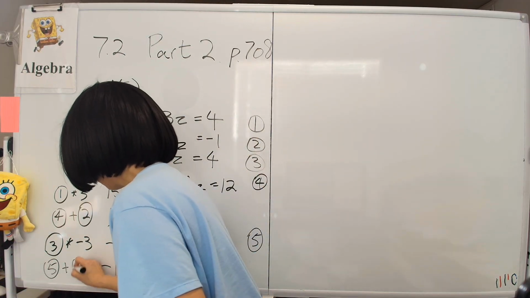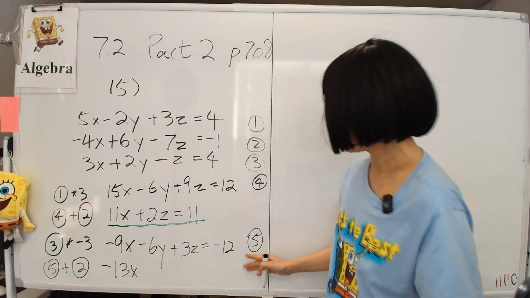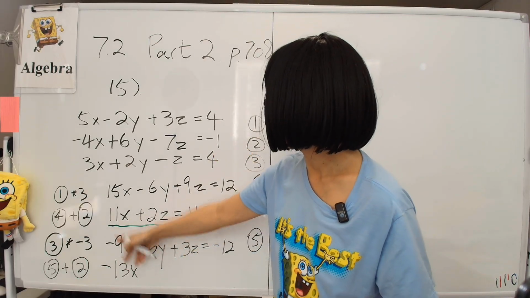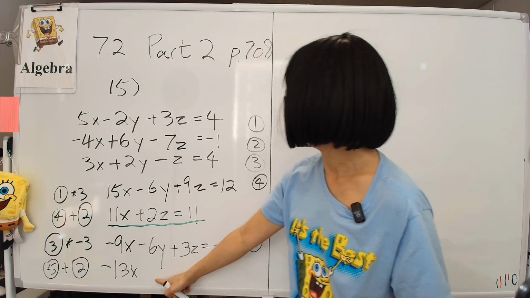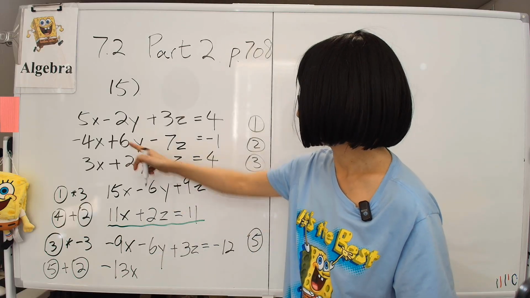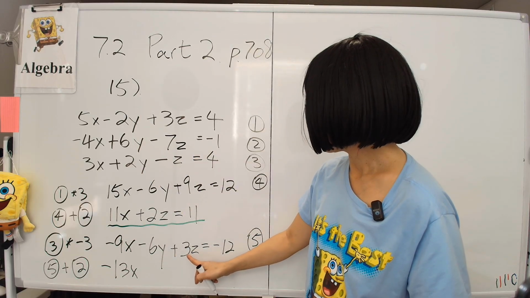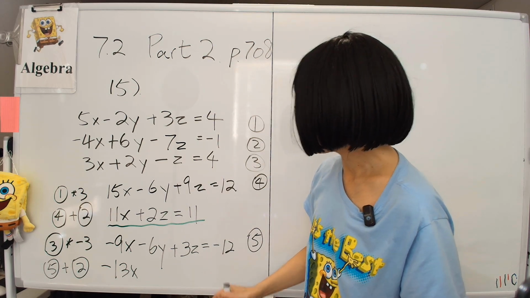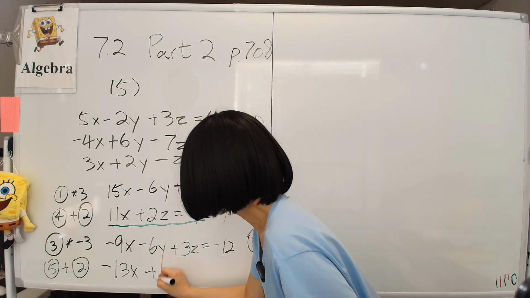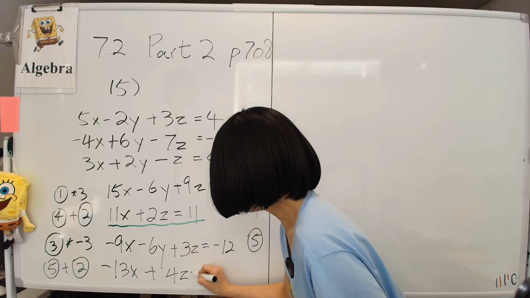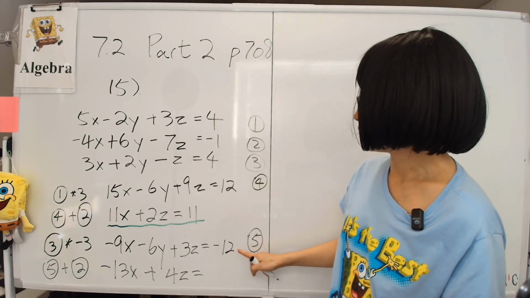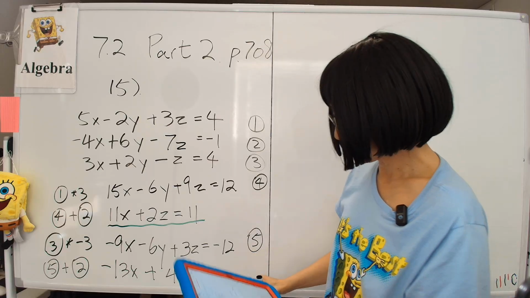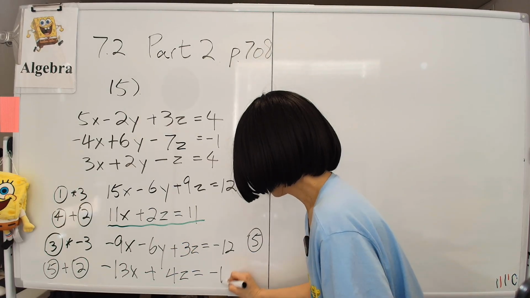I should write that down. So minus 9 minus 4 is minus 13x. And then minus 6 plus 6 disappears like it should. And then plus 3 minus 7 is minus 4z. And that equals, finally, this one minus 1 and then minus 12, which is minus 13.